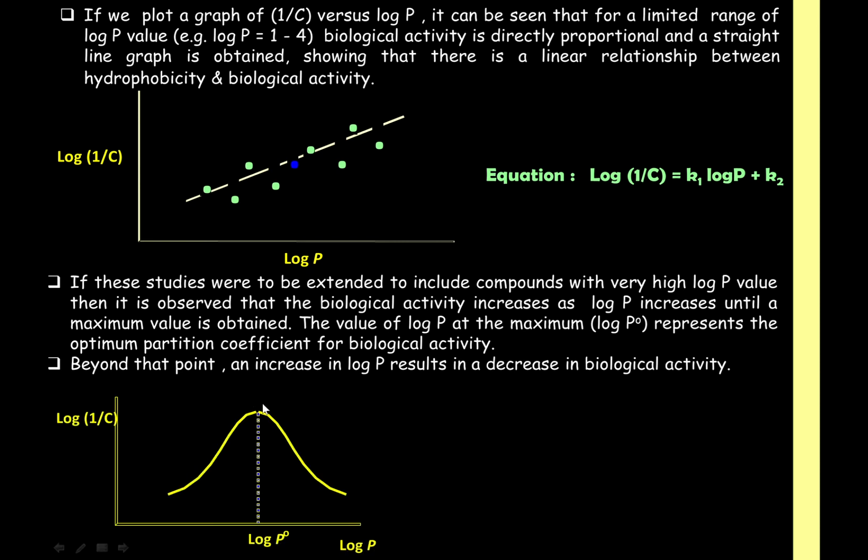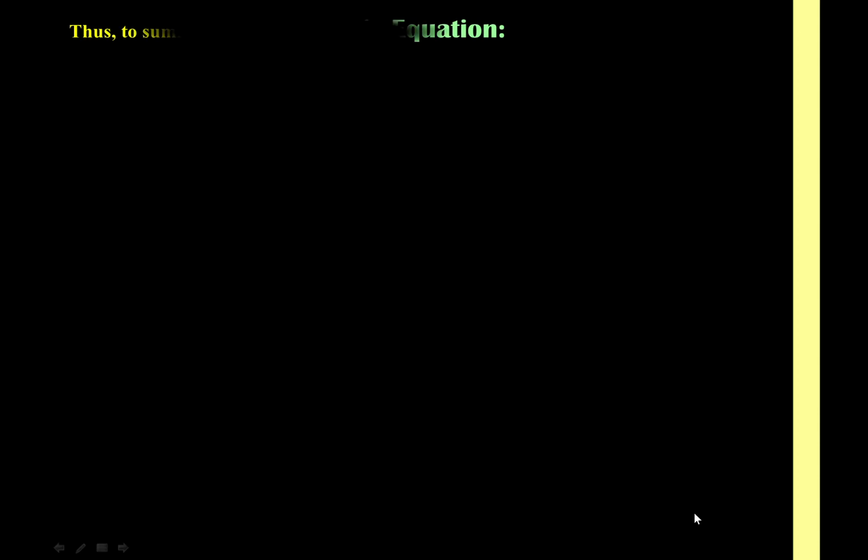So you need to add a parabolic or square term. Instead of a straight line equation, it is pertinent that we use a parabolic relationship. So this is a nice explanation of why Hansch's complete equation includes one square term.